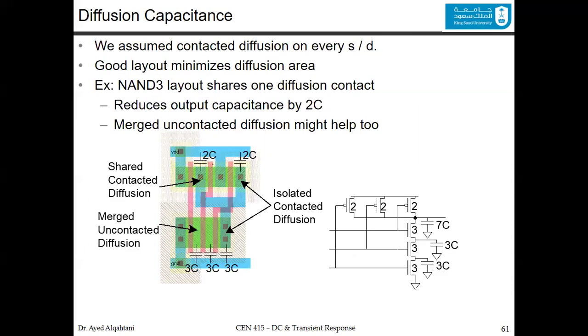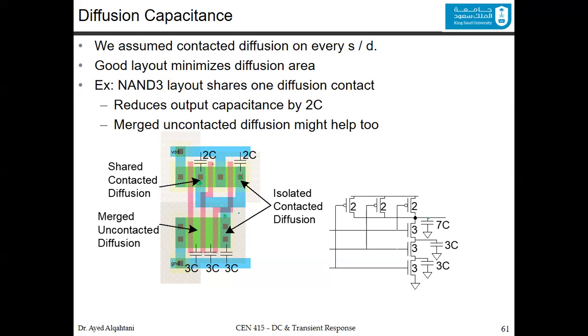You also need to know that we have some simplification. For example, remember that we say here that the capacitance is 9C because we add 2, 2, 2, and 3. But if you draw the layout, you would find that you have only 3 connections.